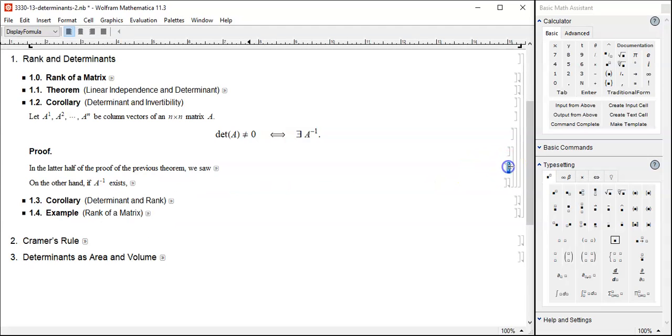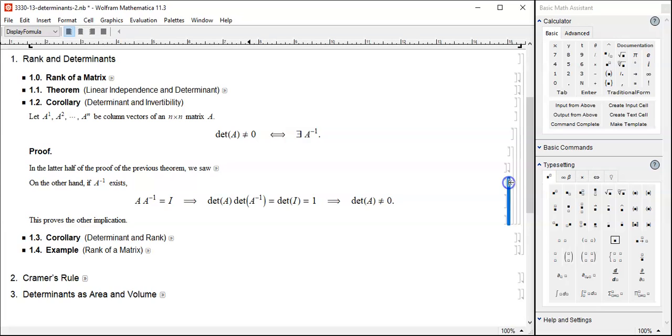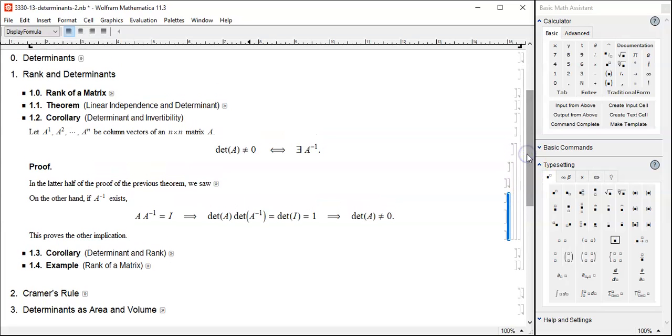So there goes one direction. How about the other direction? If A inverse exists, then it is easy to prove that determinant A is non-zero simply by the multiplicative property of the determinants. Determinant of A times determinant of A inverse is determinant of identity matrix, which is 1, so determinant of A should not be 0.